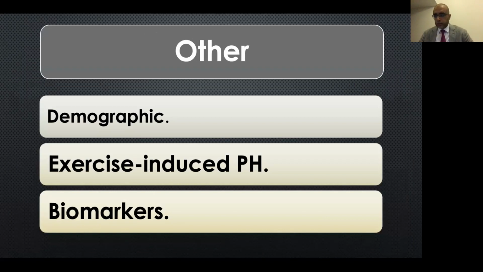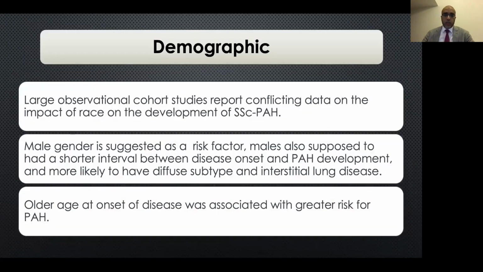Coming to other risk factors connected to demographics, exercise, or some biomarkers, large observational cohort studies failed to find any connection between race and the development of pulmonary arterial hypertension. So no connection can be proven regarding different races, but male gender was found to be a risk factor for development of pulmonary arterial hypertension.